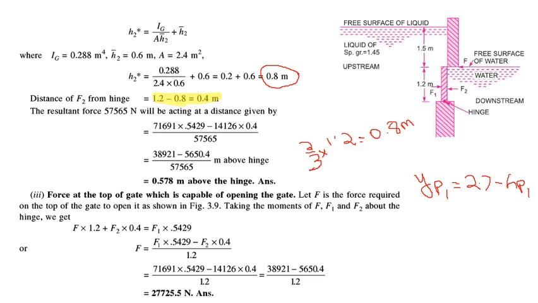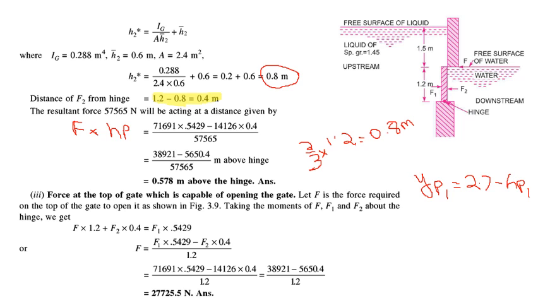Now in order to find the location of the resultant force from the hinge, I will have to take a moment about that hinge. So the resultant force F into its lever arm HP is equal to the force F1 into its lever arm.